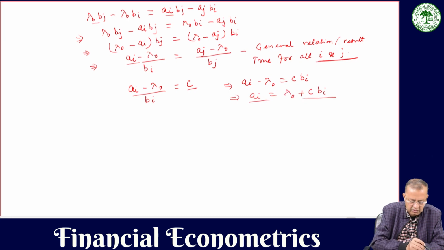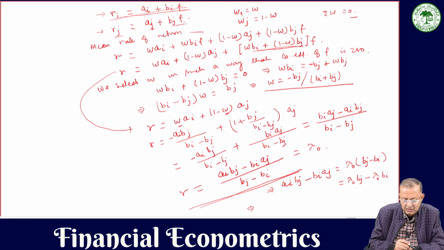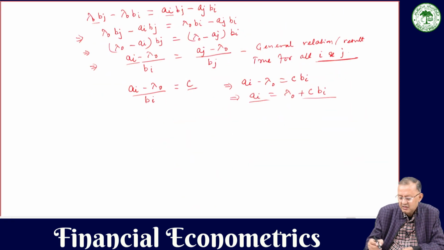Now, if you look into the original equation, what was it? RI equals AI plus BI F, or RJ equals AJ plus BJ F. Now this equation says that AI and BI, or AJ and BJ, are not independent.